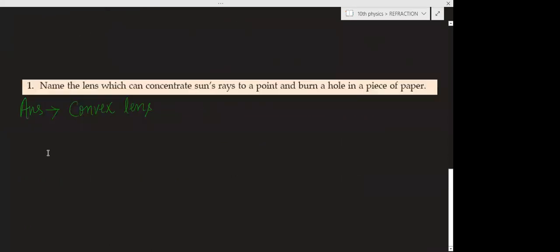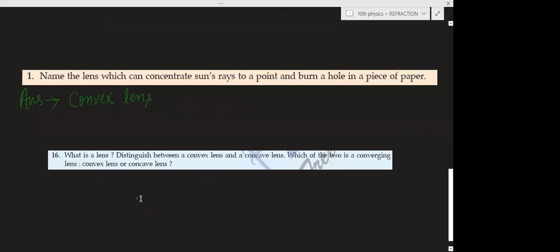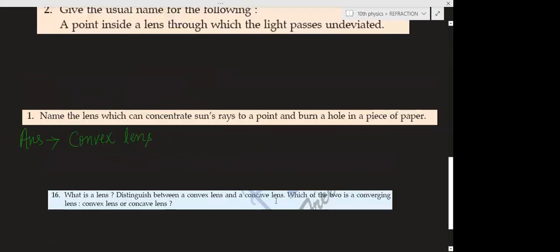Second question. They are saying what is a lens. I have told you what is a lens. You can check the notes. And they are saying distinguish between a convex lens and a concave lens. Which of the two is converging lens? So lens is made up of transparent glass, having spherical faces.